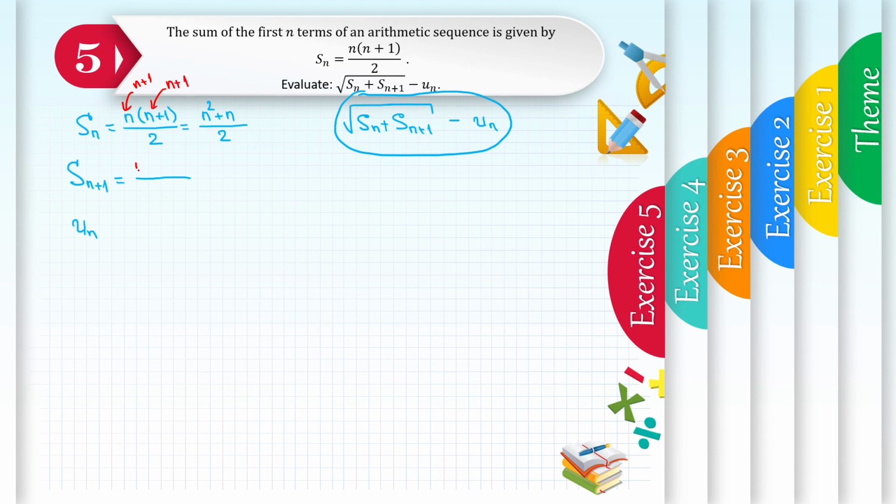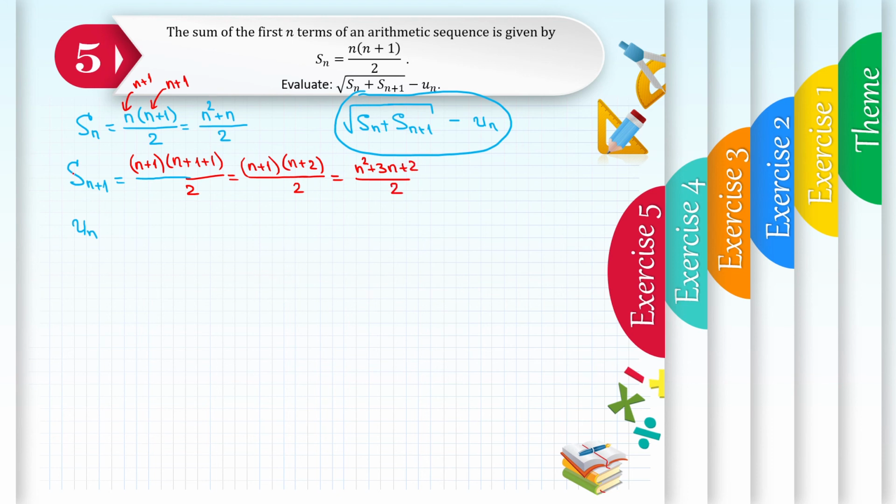So we will obtain n plus 1 multiplied by n plus 1 plus 1 over 2, which is n plus 1 multiplied by n plus 2, and if we expand, we will obtain n squared plus 3n plus 2 over 2.